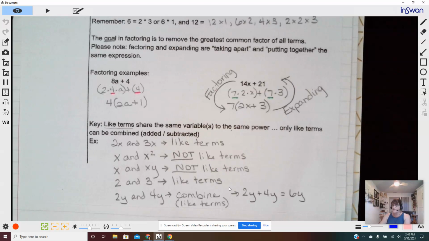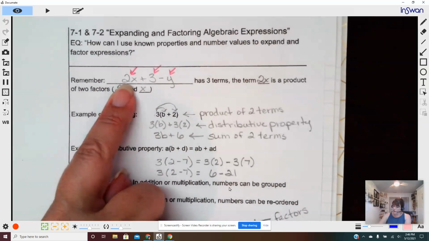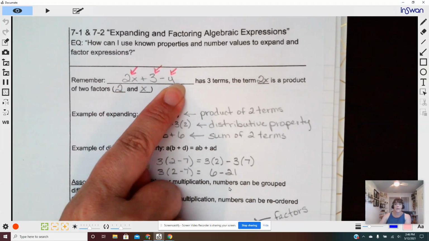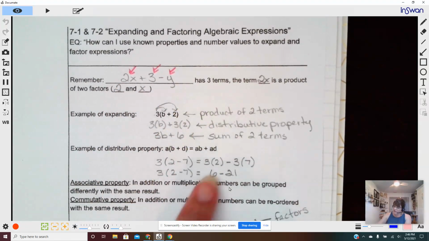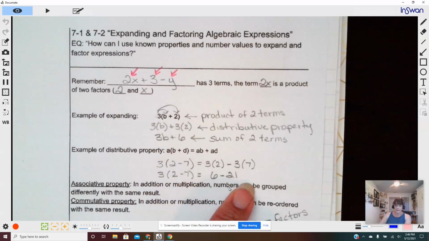Okay, now this lesson has a lot of detail in it. Please pause. Please replay it. Please kind of go over things again to help yourself and then do the try problems. But just a recap. Terms, okay, some of the definitions, a reminder of distributive property.